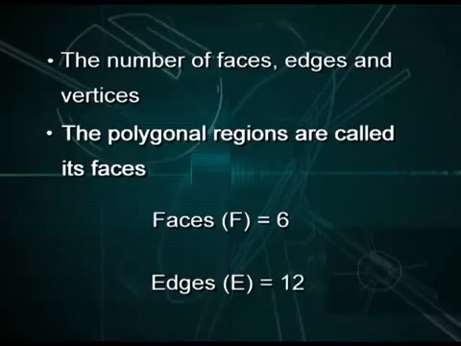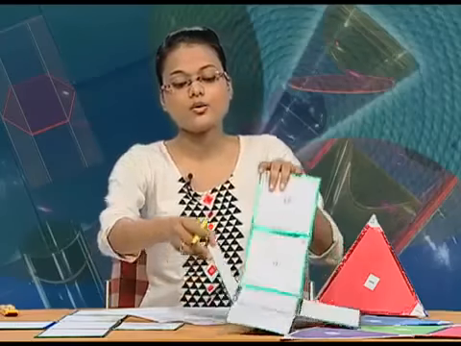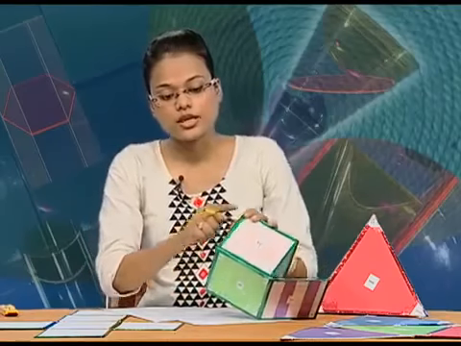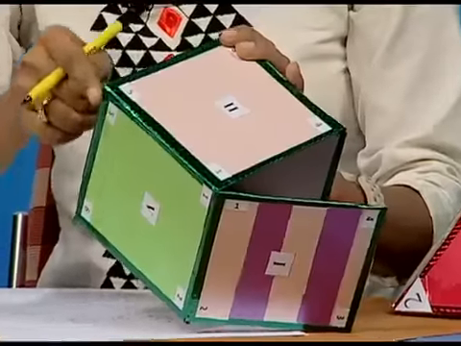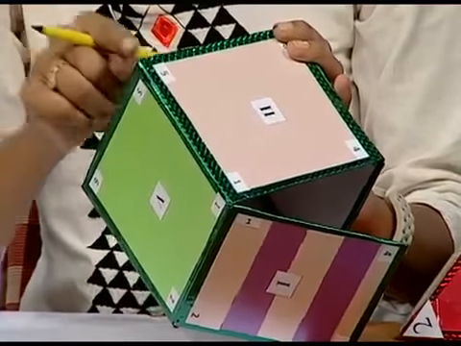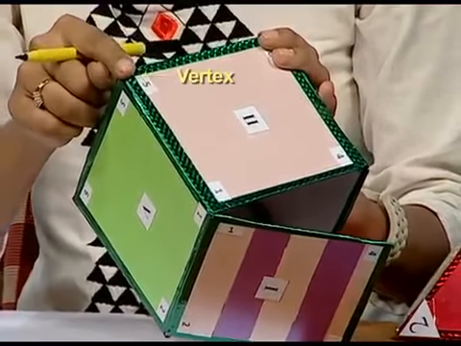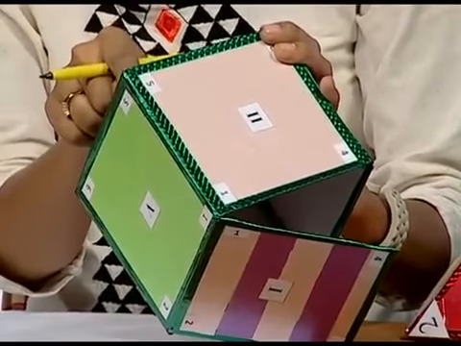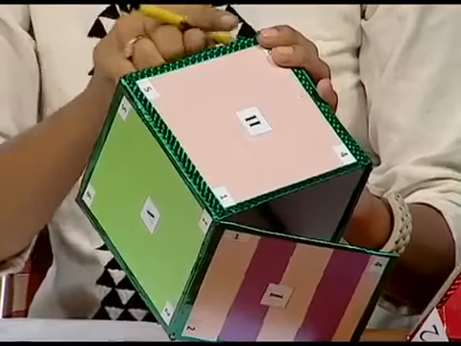And we know that when these edges intersect at a common point, a vertex is formed. So, what is the vertex of a cube? As you can see, these 3 edges are intersecting at a common point, which is known as a vertex.